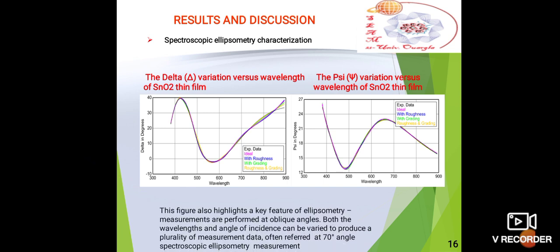This figure also highlights a key feature of ellipsometry: measurements are performed at oblique angle, but the wavelength and angle of incidence can be varied to produce plenty of measurement data, often referred to as 70 degrees angle spectroscopy ellipsometry measurement.